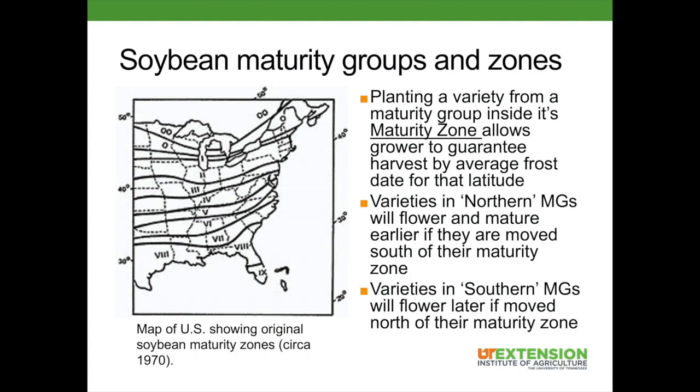And about 20 years ago, soybean breeders and agronomists started recognizing that if you move what would be considered a northern maturity group south of its zone, it actually behaves a little differently with respect to when it flowers and when it matures. And that's actually an advantage in southern climates. So for example, in Tennessee, we brought group 3s and group 4s, and in some cases group 2s to Tennessee.